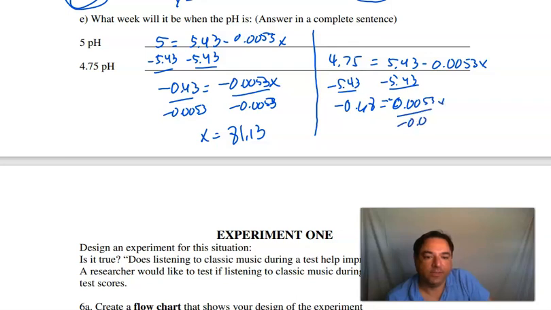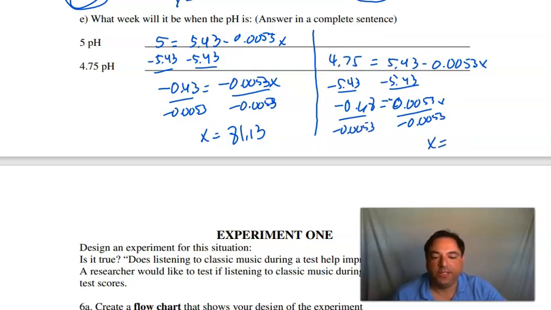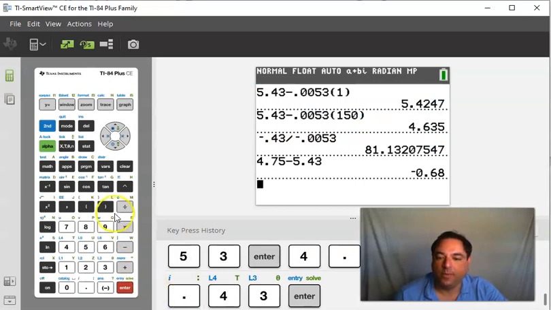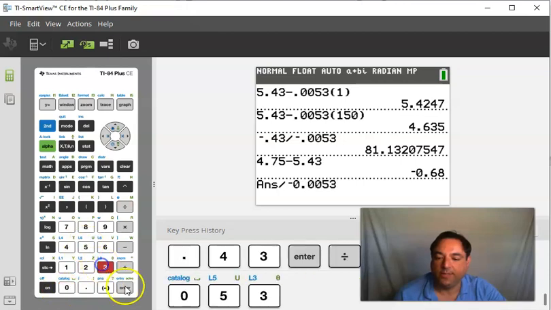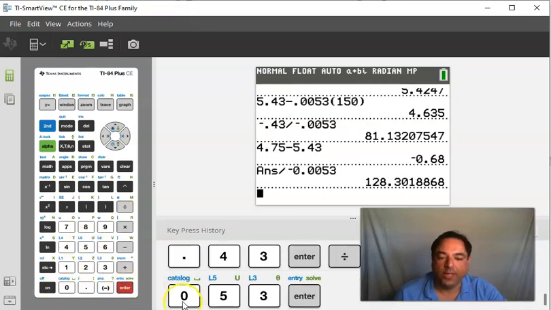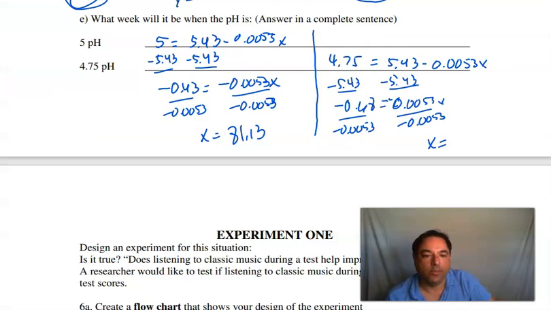Divide by negative 0.0053. You get x equals negative 0.68 divided by negative 0.0053. And that gives you 128.3. So again, a complete sentence.